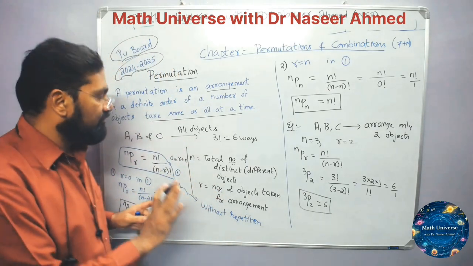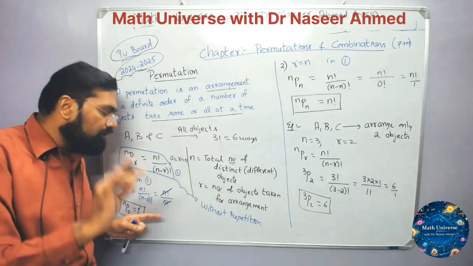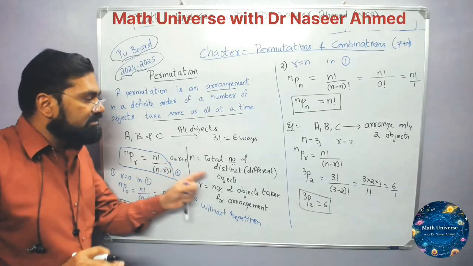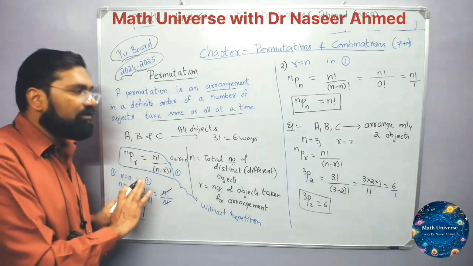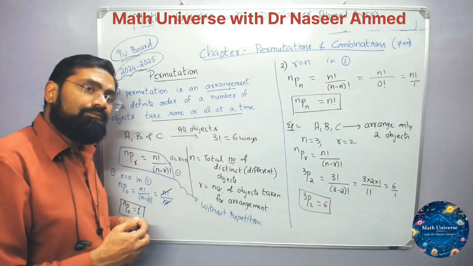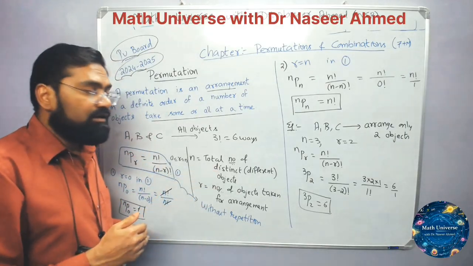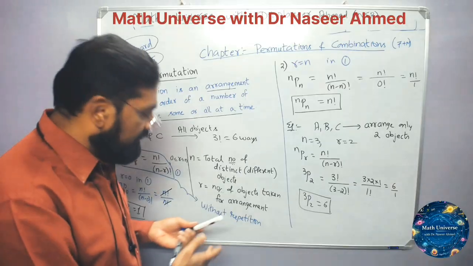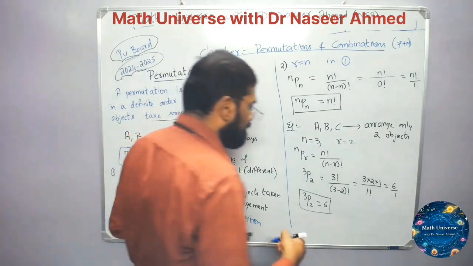So whenever it is without repetition and the n objects are distinct, only then are we going to use this. Now one question will come: sir, what about with repetition? Do we have any concept for that? Let us take it here only.